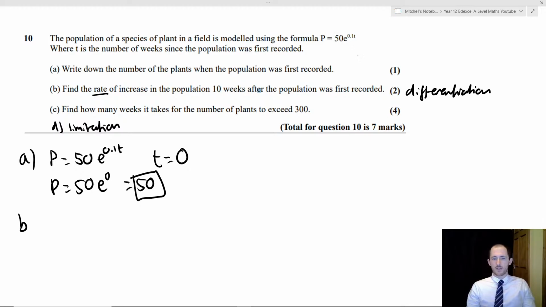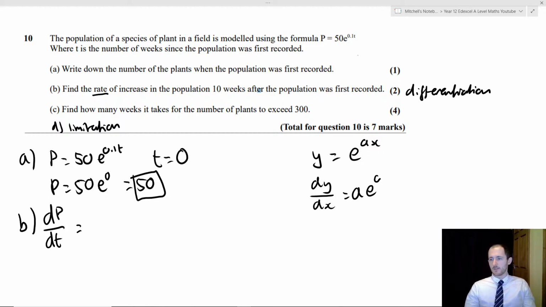Part B says find the rate of increase 10 weeks after the population was first recorded. The first thing we need to do is find the rate of increase. So if P equals 50 e^(0.1t), then we need to find dP/dt. So to differentiate, if we have y equals e^(ax), then dy/dx is going to be a e^(ax).